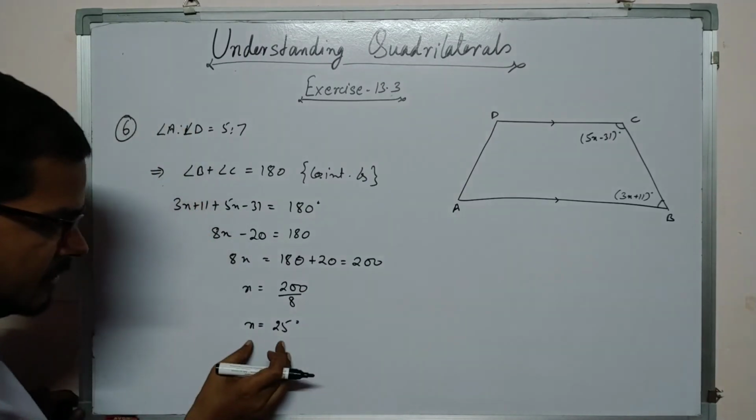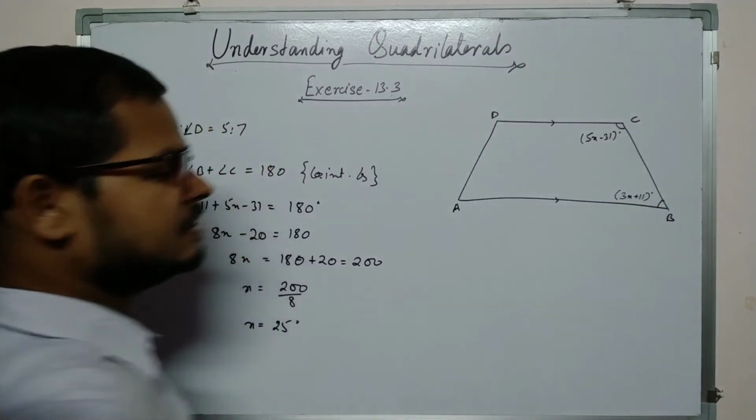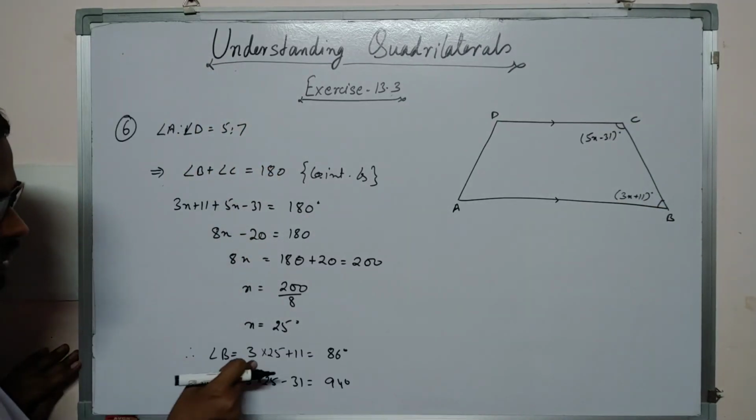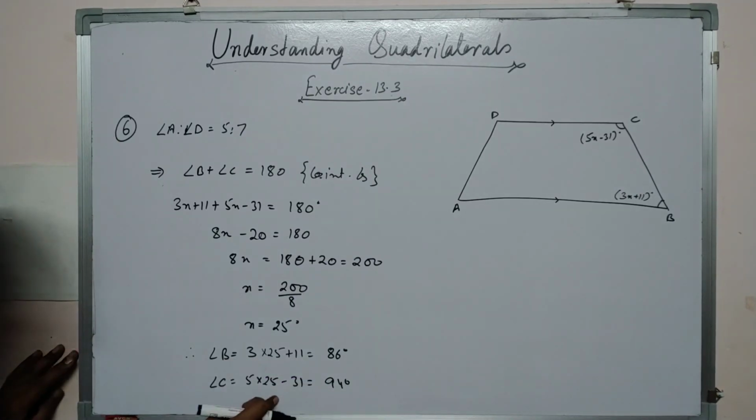Now we can place the value of x over here and here to get the value of B and C. And here we get angle B equals 3 into 25 plus 11, that is equal to 86 degrees, and angle C equals 5 into 25 minus 31 equals 94 degrees.